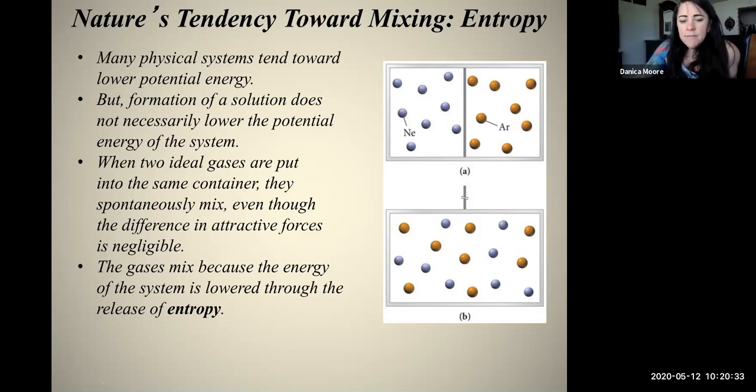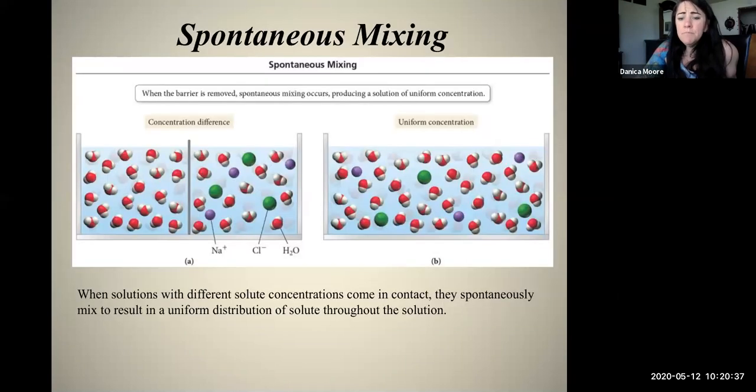And that's entropically driven. The same thing happens with concentration. We could set up a concentration barrier here where we have 0 concentration and some concentration of ions on the other side. As soon as we lift that barrier, we get this spreading out of charges, which gives us a uniform concentration, right? So this idea of spontaneous mixing is entropically driven.